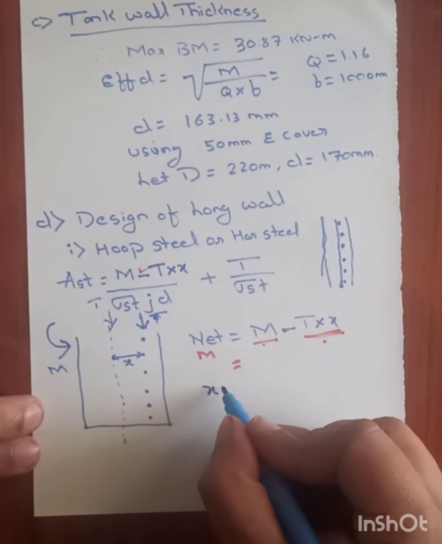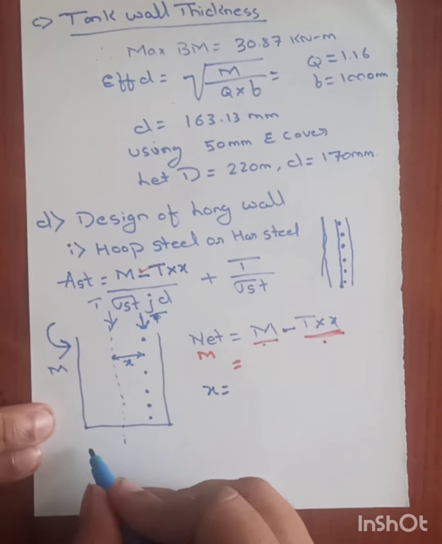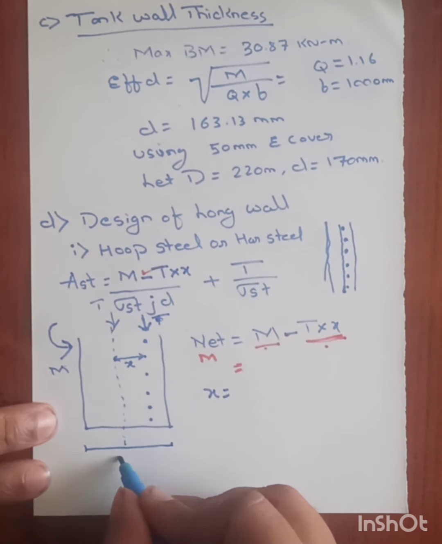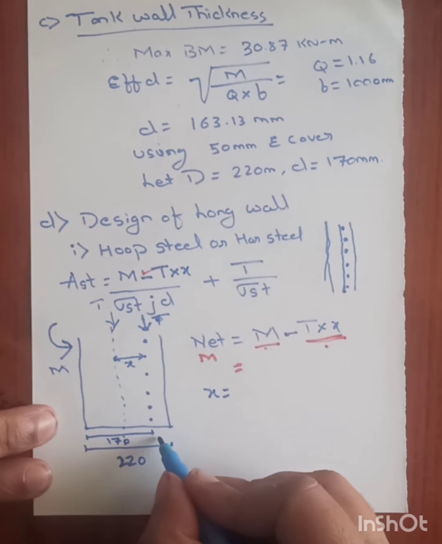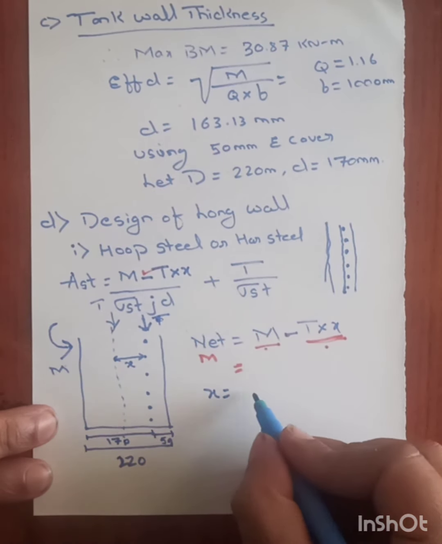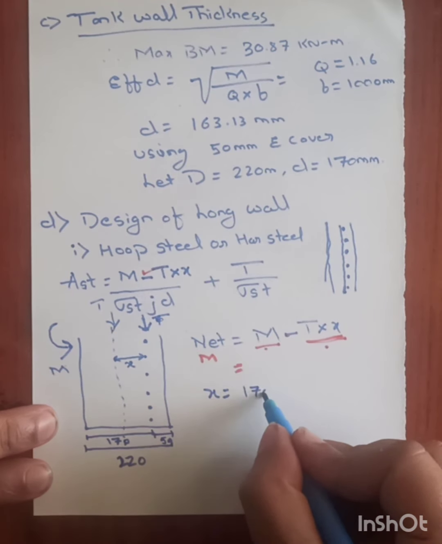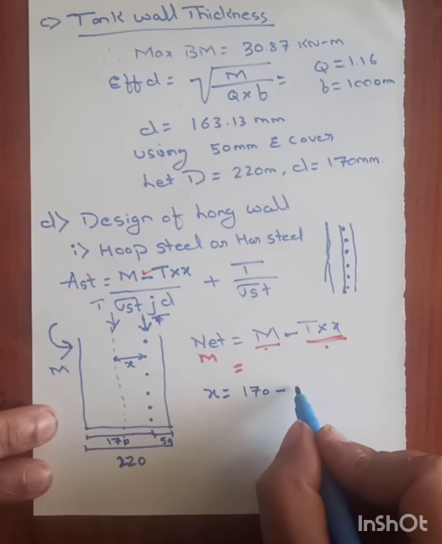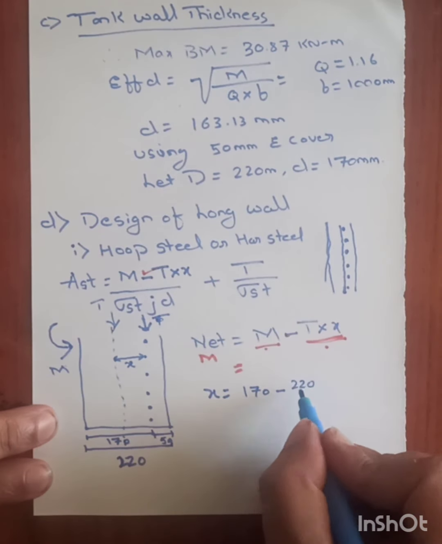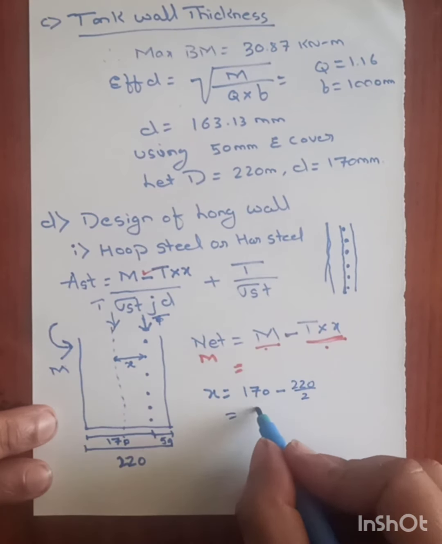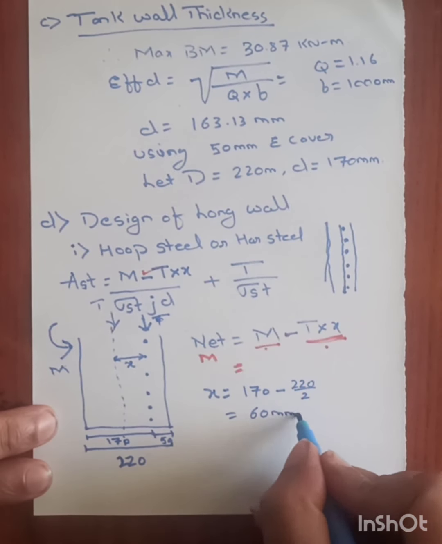So x is what? From here to here it is 170, and this is 50. So x is nothing but 170 minus this distance. This is 170 minus 220 by 2, which is around 60 mm.